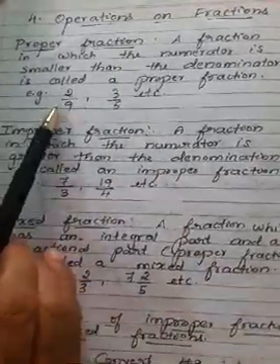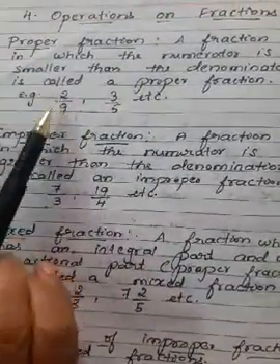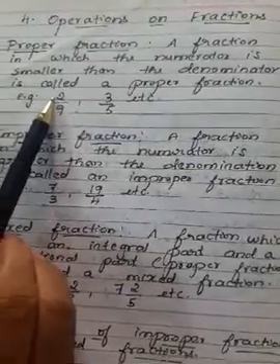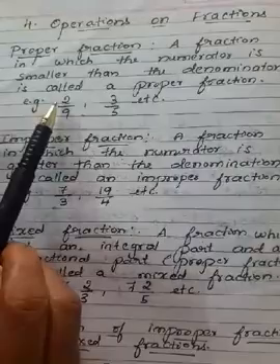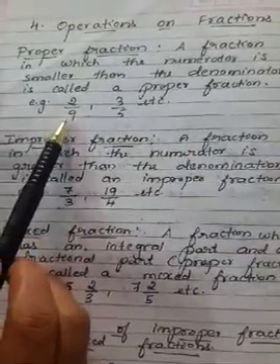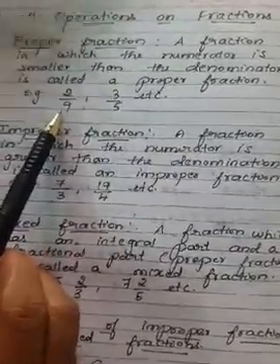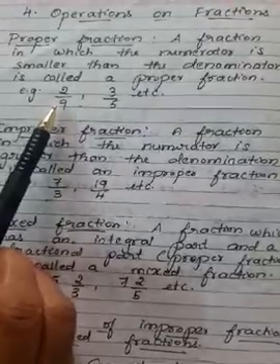Now for example, look at this example, 2 upon 9. So here 2 is the numerator and 9 is the denominator. Okay, so numerator is smaller than denominator. So this is a proper fraction.